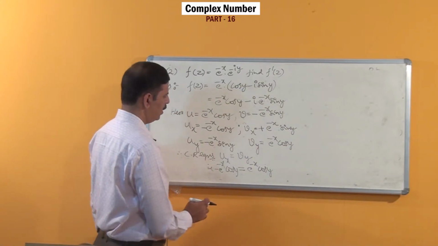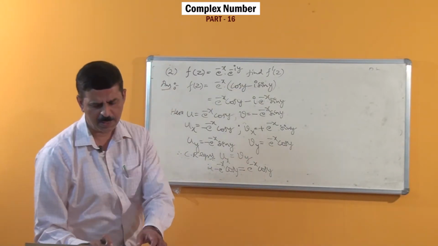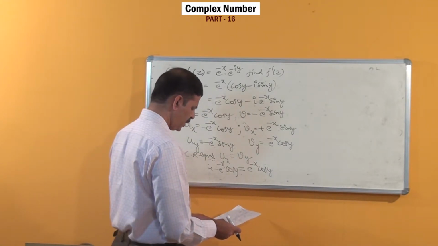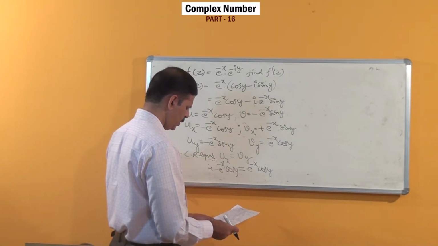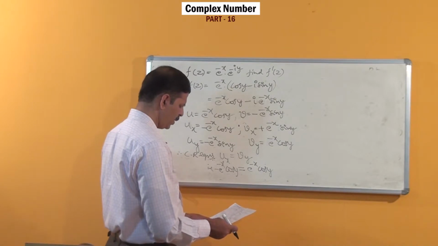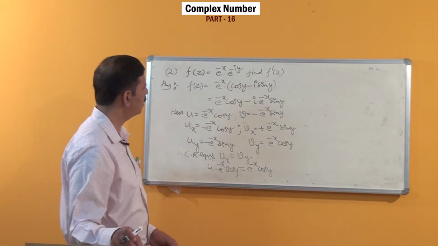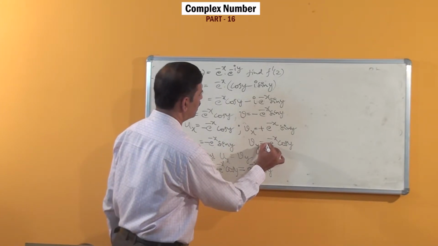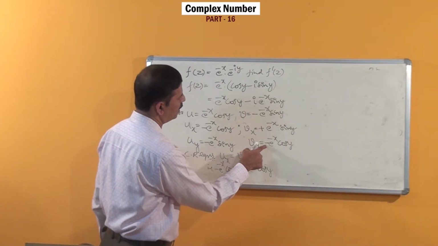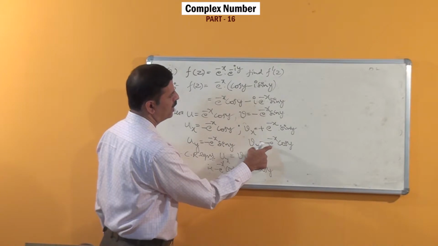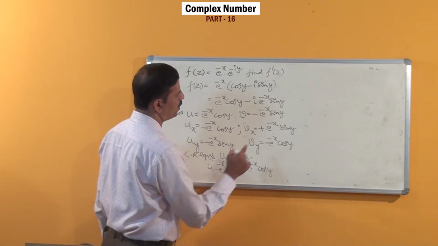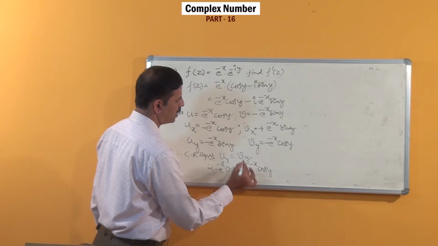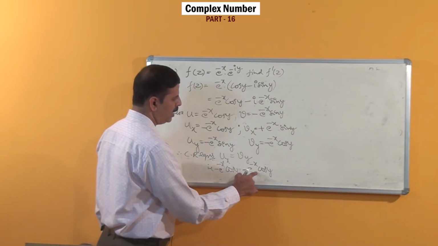The minus term is there, isn't it? Yes, I had left it out; this minus term remains as such: minus e power minus x into cos y, correct. Now this is equal to how much? It is minus here, right? So they are equal here.